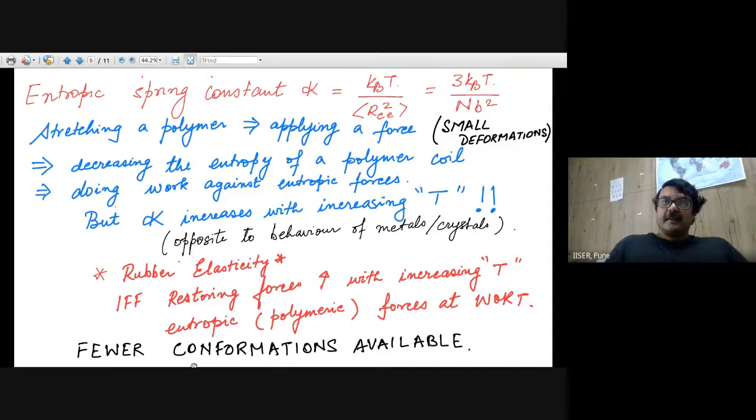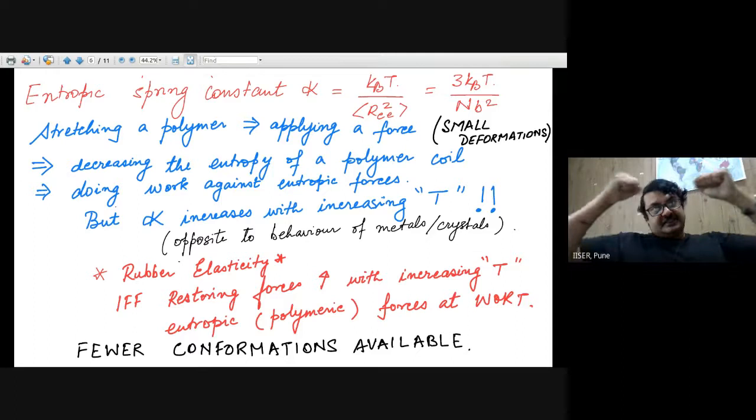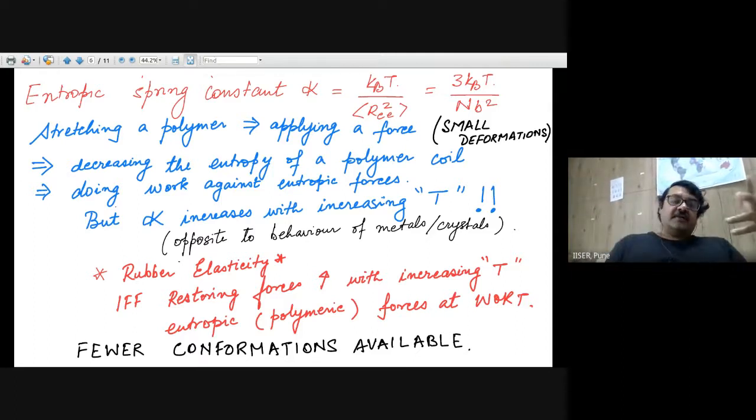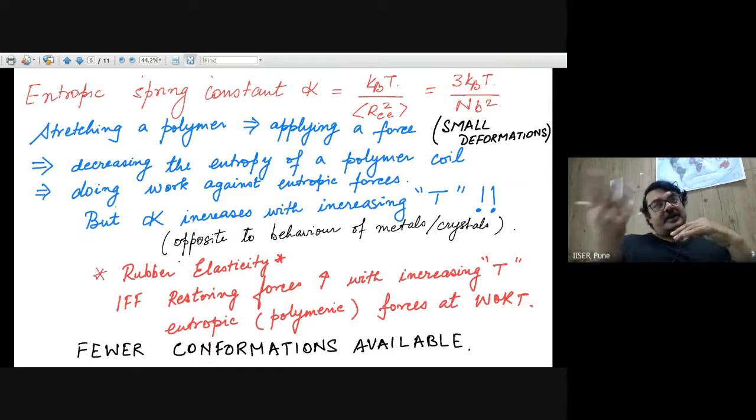And this is happening because in a stretched state, there are fewer conformations for the polymer to explore, right? So that leads to a decrease in entropy, or an increase in the free energy of the system, and that is what is leading to the entropic, spring-like restoring forces. The system wants to go back to a state of maximum entropy or minimum free energy, right?